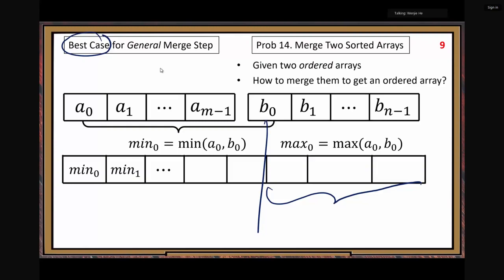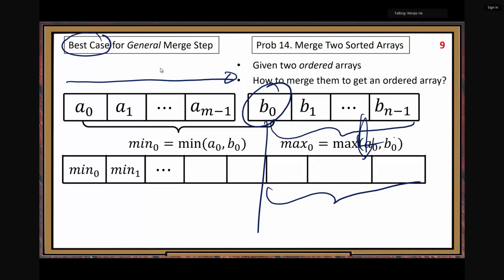They can be put in place automatically, all the way from beginning to end. After that, because we know the remaining elements are greater than the first one, they can be dropped into place automatically. That's the best case.